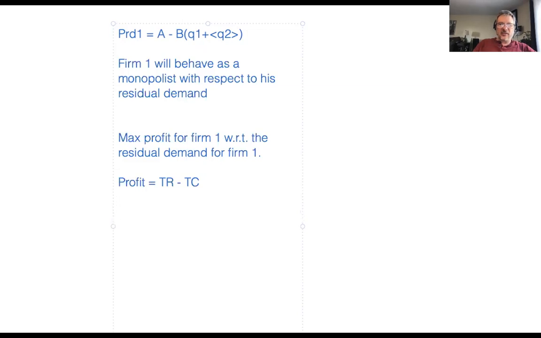But here our total revenue is going to be based on the residual demand, which is going to give us the price. Remember, we would normally put the P in here, so it's still going to be price, but it's going to be price from the residual demand times the quantity, right?